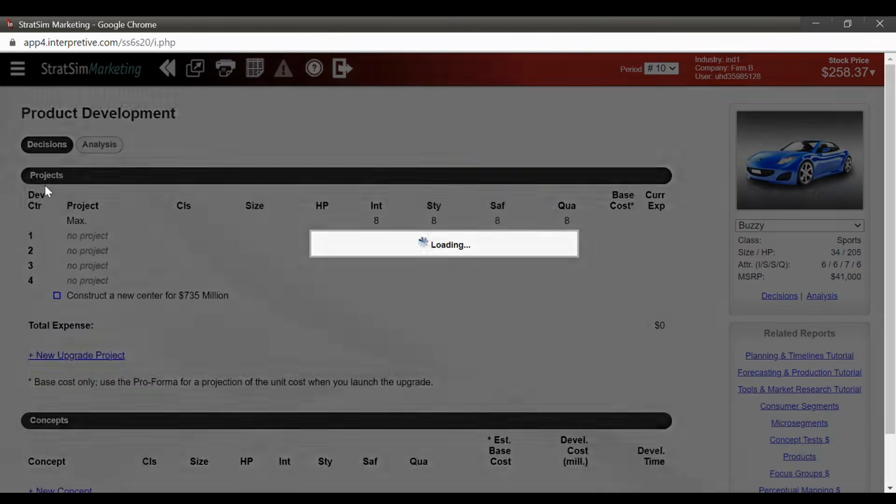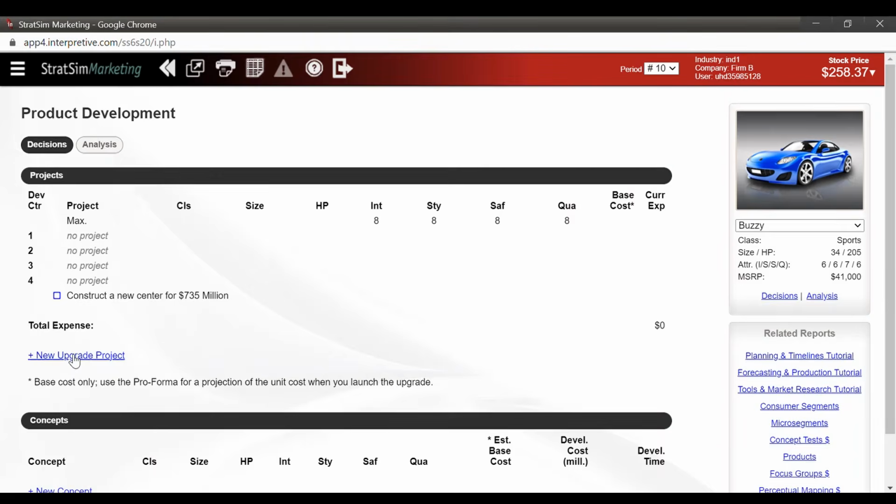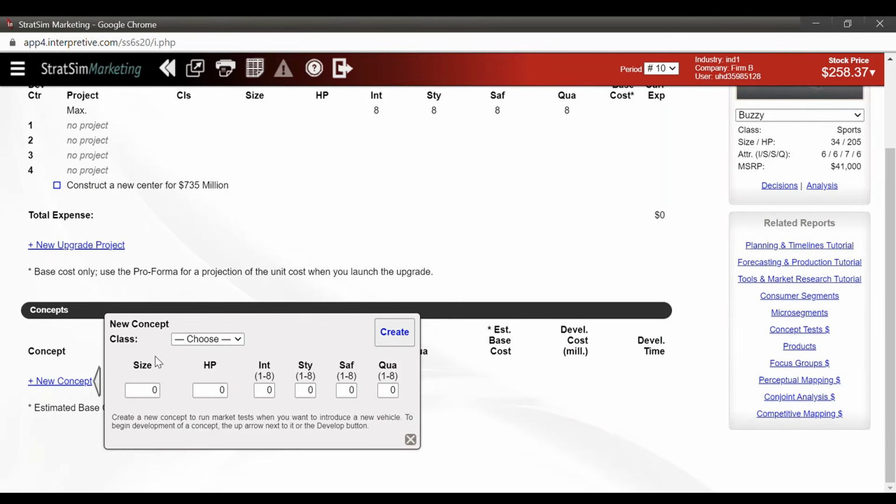So we go to product development, new concept, we choose the utility, the size, let's pick about 78, horsepower, let's choose 260, interior 5555, that's a good number.